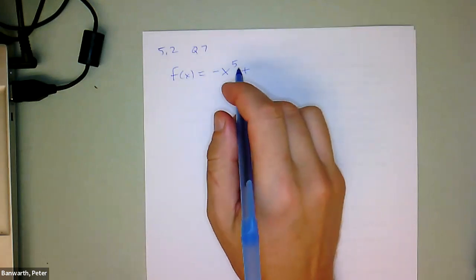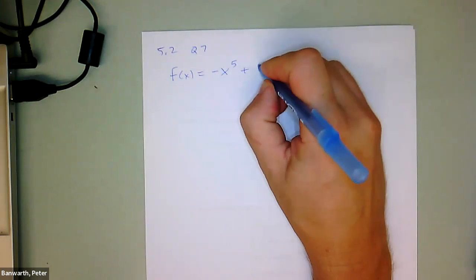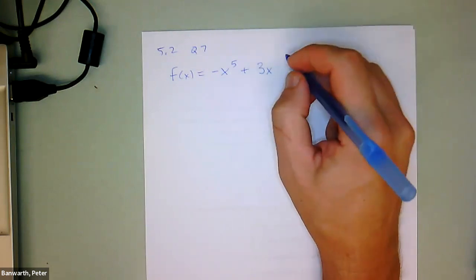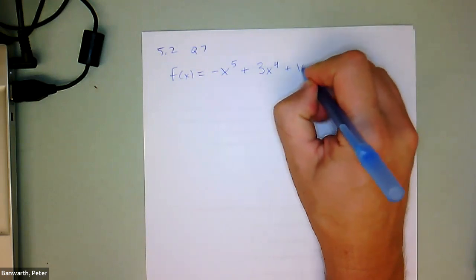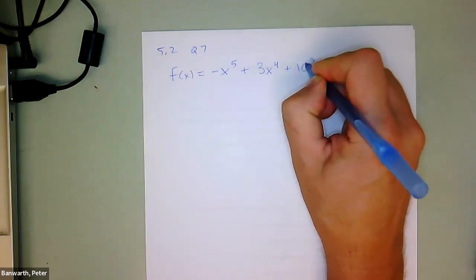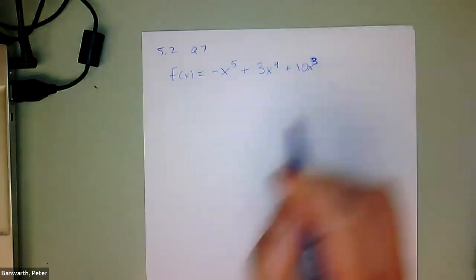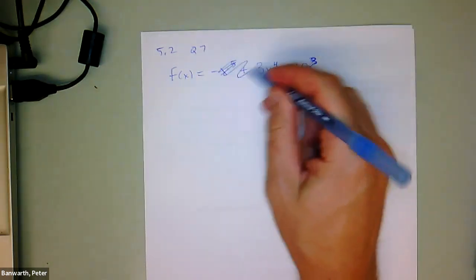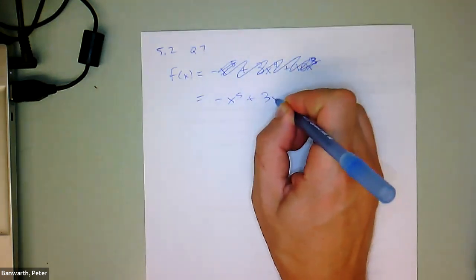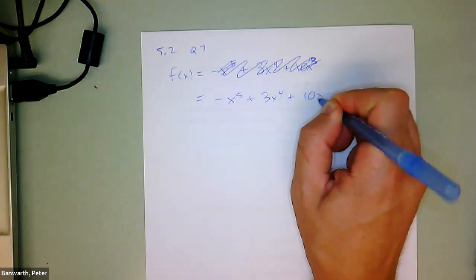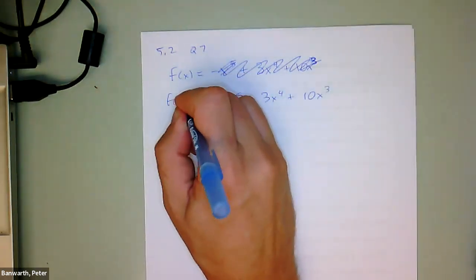Minus x to the 5th plus 3x to the 4th plus 10x cubed is my polynomial f of x.